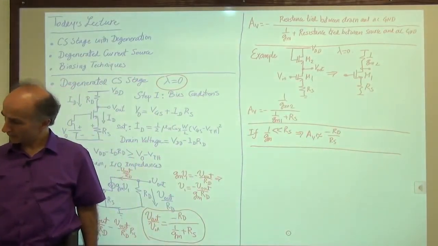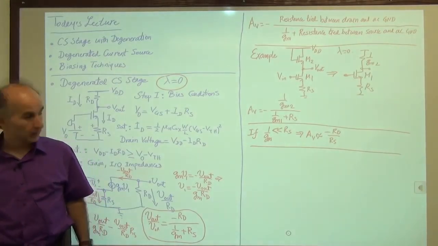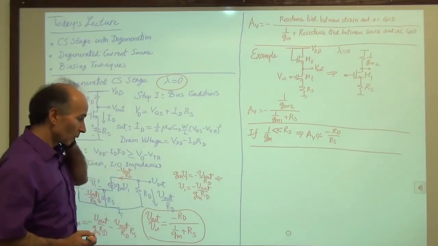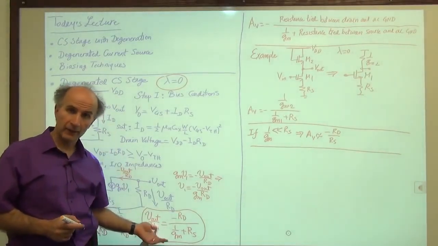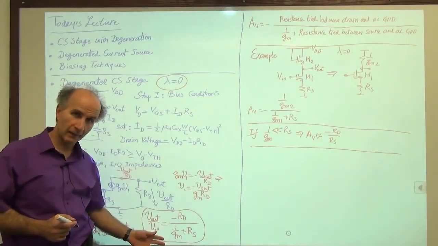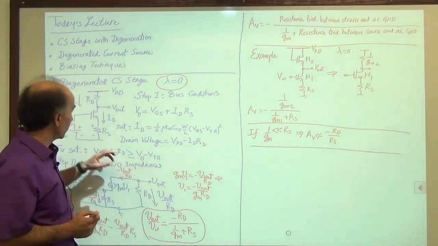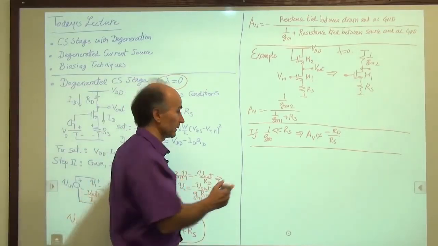All right, so let's look at another concept here. Now, I said that the gain is smaller, and that's what comes out of the math. Is there any intuition behind this? Why is the gain of the circuit smaller when we have degeneration here? So let's just try to explore that.